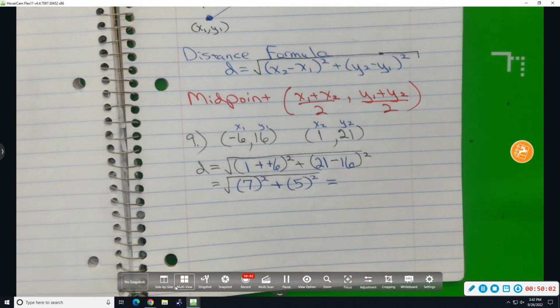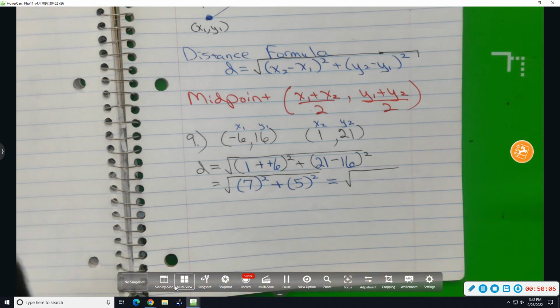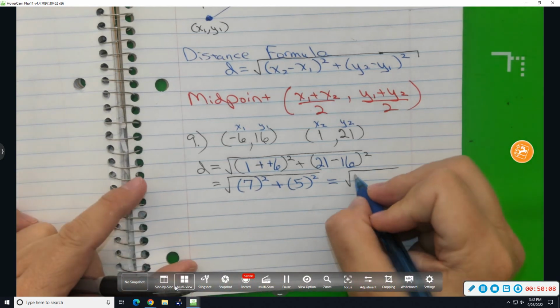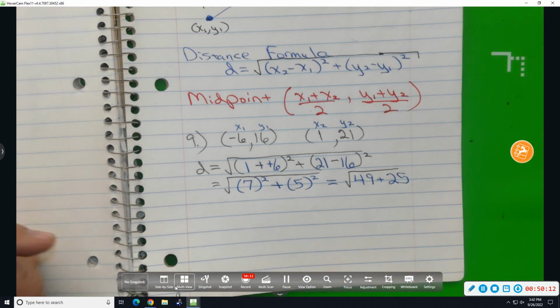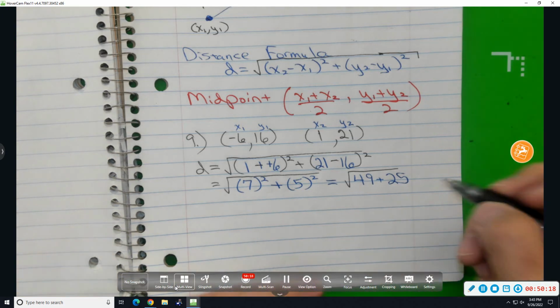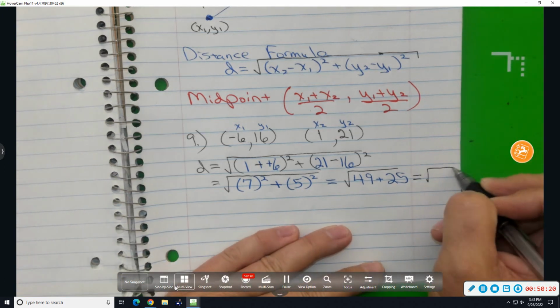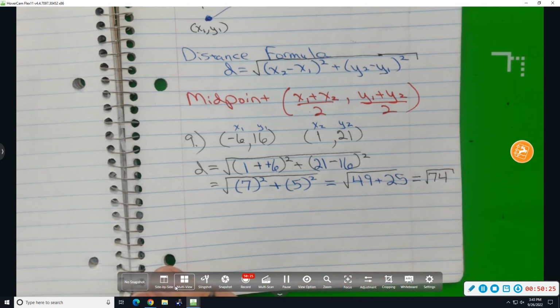Let's see. 7 times 7 is 49. Plus 25, I agree. And is that a 74? 49 plus 25, I'm getting the square root of 74. Is 74 a perfect square?